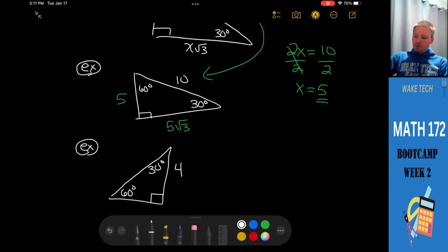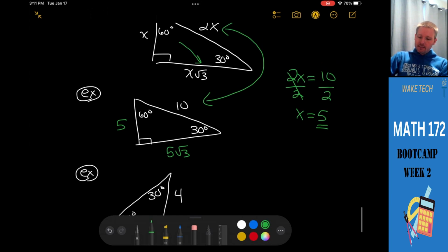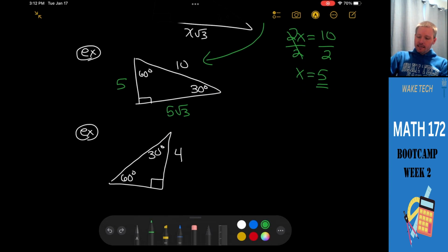So from the rule above, we have the side across from 60 degrees. From the rule above, we know that the side across from 60 degrees is x times the square root of 3. So what we're going to do is set x times the square root of 3 equal to the side length we know, and then we solve that for x by dividing by the square root of 3.